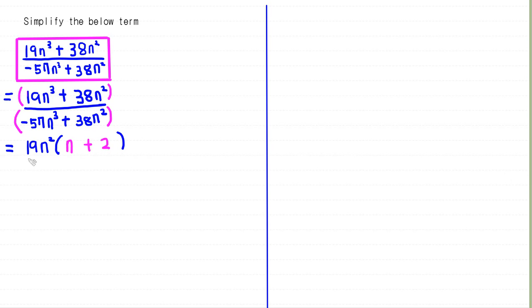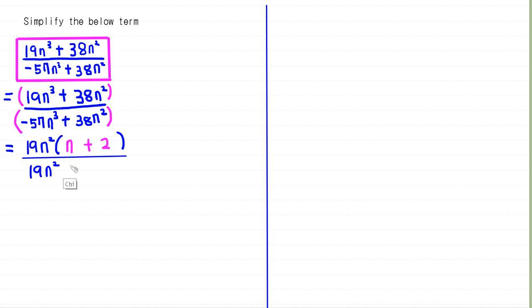Now, over this denominator, negative 57 times n to the third power plus 38 times n squared, if you pull out the common monomial, 57 is divisible by 19, and 38 is also divisible by 19. So the common monomial in the denominator is 19 times n squared, because they both have n squared in them.